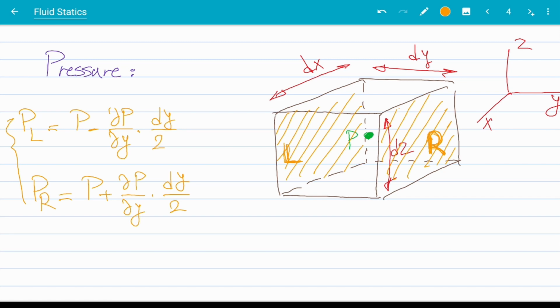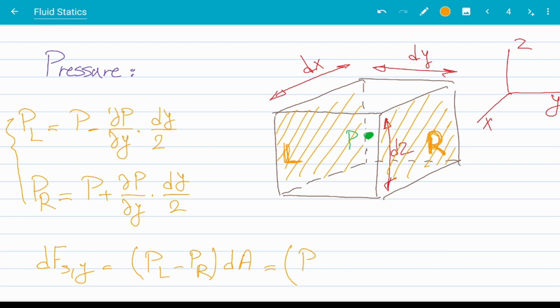Now, of course, I know that the force in the y direction, I'm going to put an S here to show that this is the surface force in the y direction, is going to be P_L minus P_R times the area of the element. Let's plug in the values in this equation.